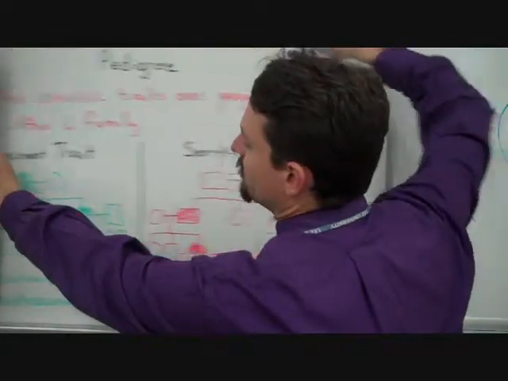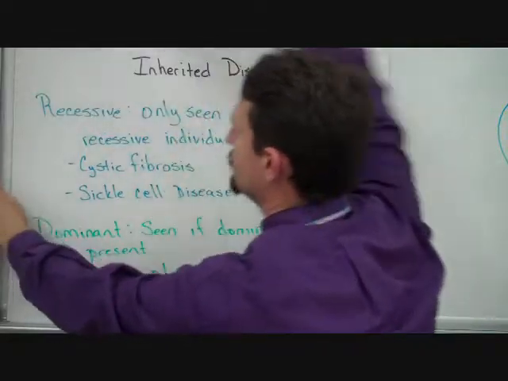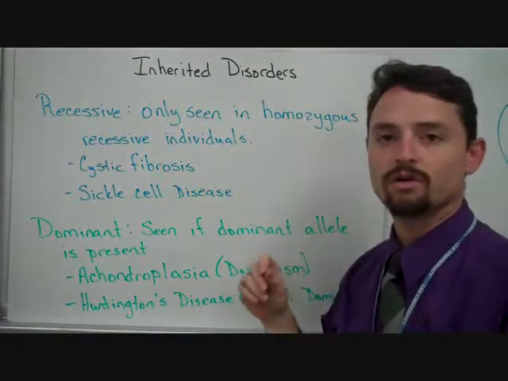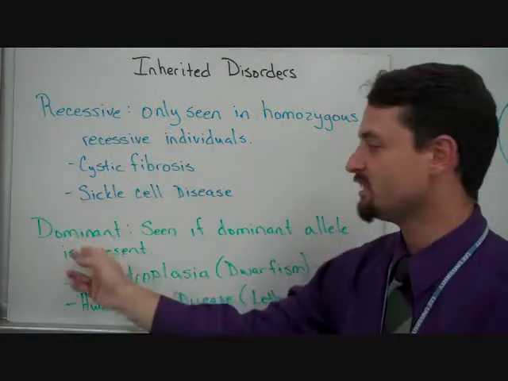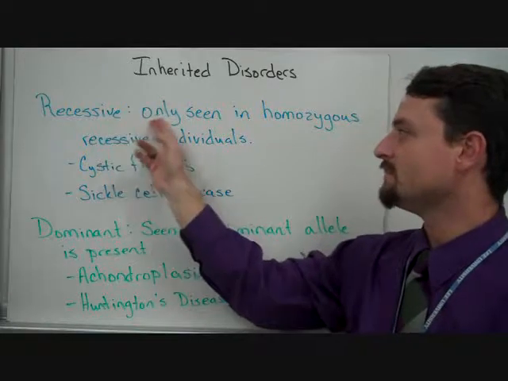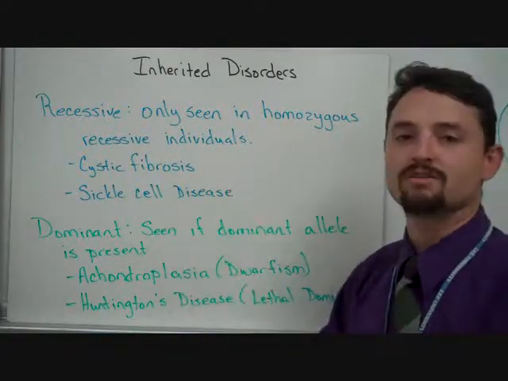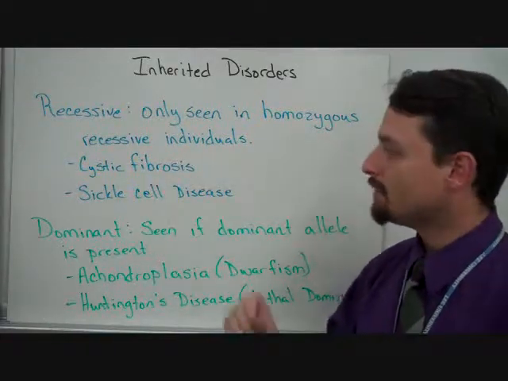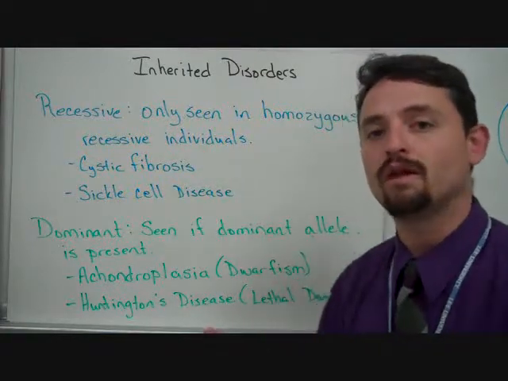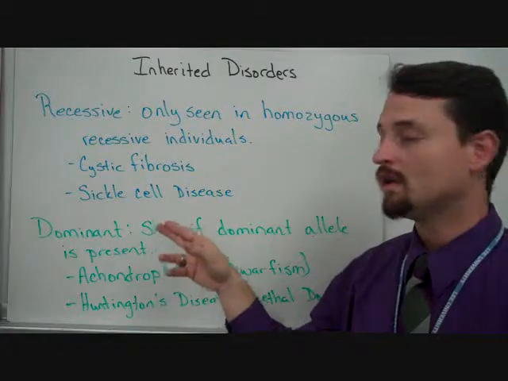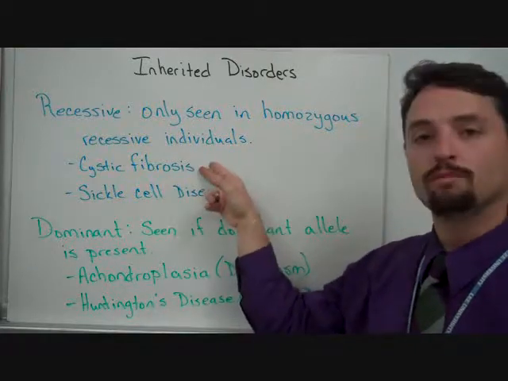The last thing we want to look at is inherited disorders. Here we've got two different types of inherited disorders, recessive and dominant. In the recessive, it's only seen in the homozygous recessive individuals. Stuff like cystic fibrosis, sickle cell disease, both of which you see in the U.S. This is more with European descent.